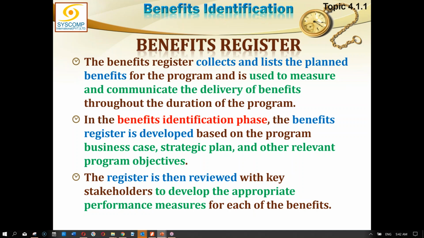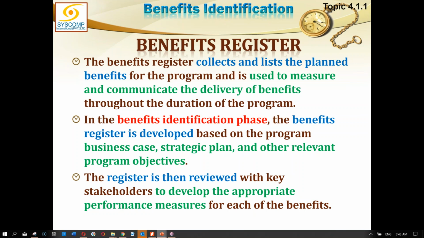So please do not be confused by the word strategic plan, because as I have explained to you already, organizational strategic plan creation is not the responsibility of the program manager. Yes, the program strategy is part of the program manager's job, and that strategic plan is included into the program management plan.